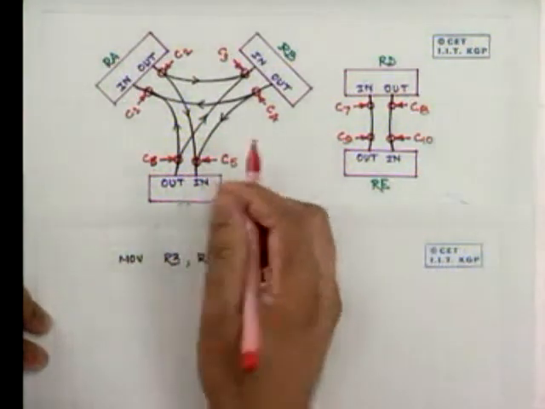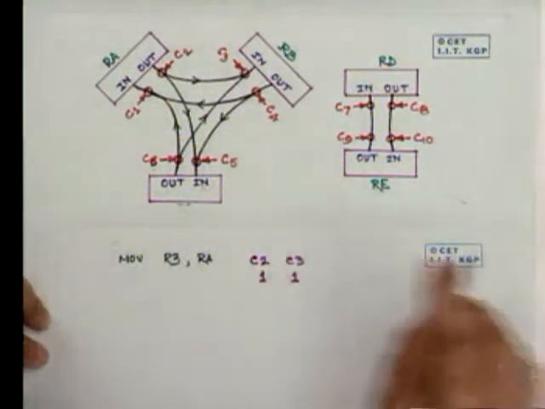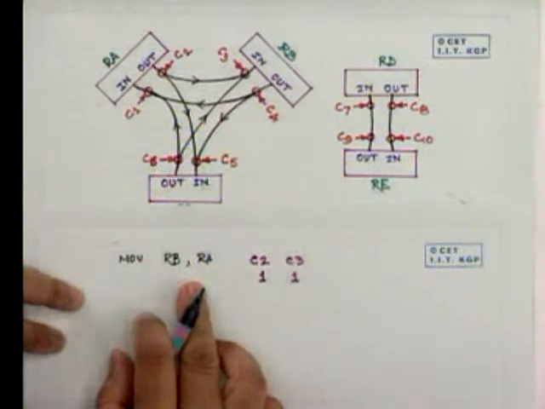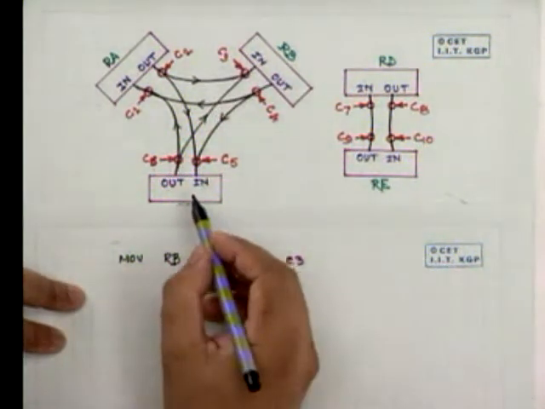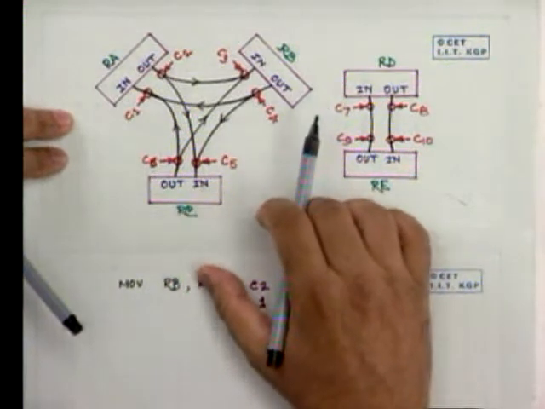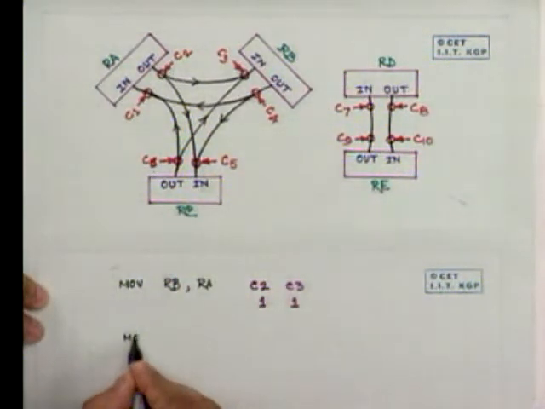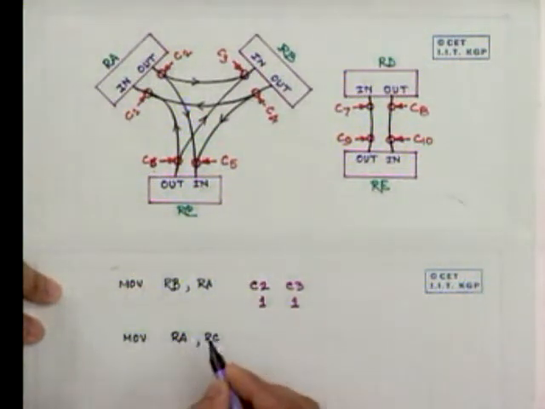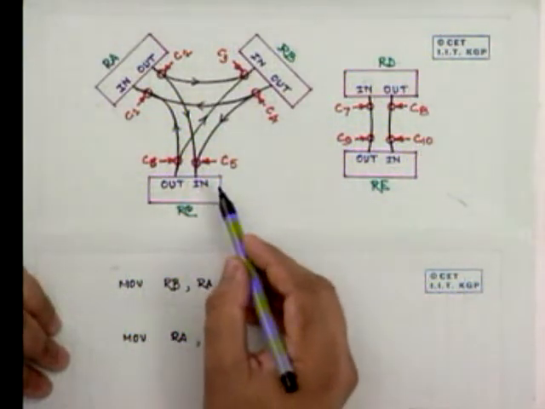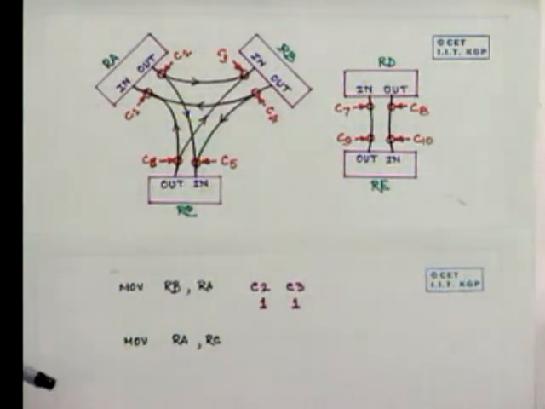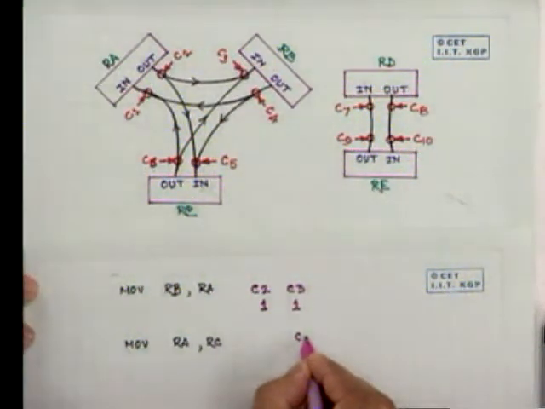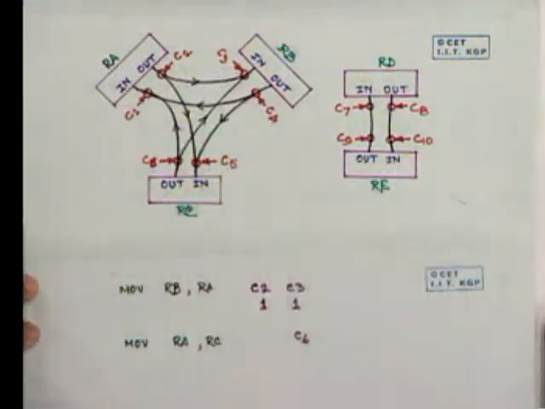Move RA to RB. Now, similarly, for example, if you want to move RC to RA, the gate that will have to open out of RC is C6 and into RA is C1.